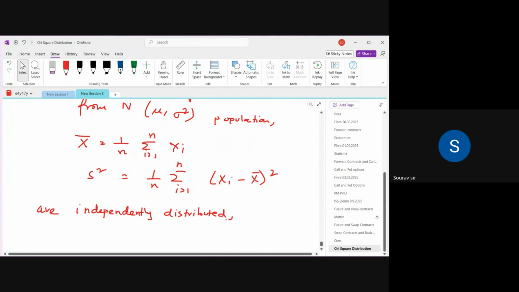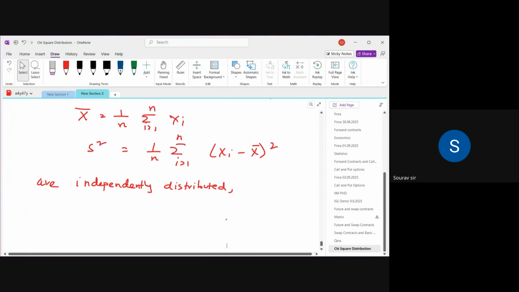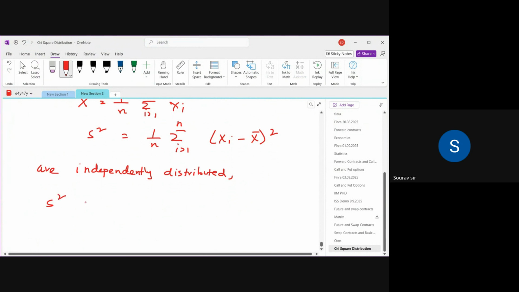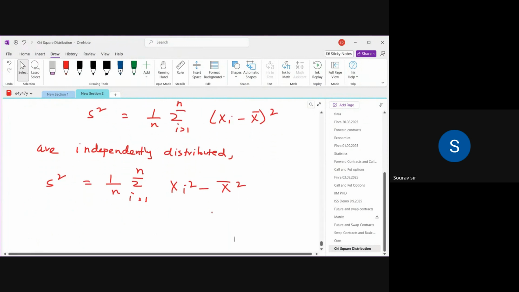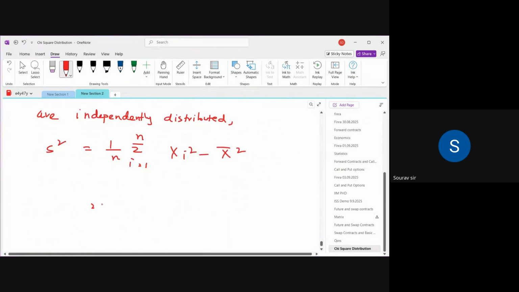So S square will be 1 by n summation i from 1 to n of xi square minus x bar square, which equals A by n minus x bar square. So that is 1 by n times (A minus n x bar square).